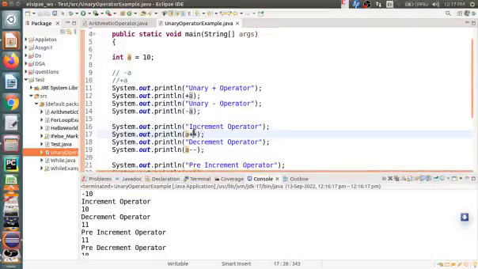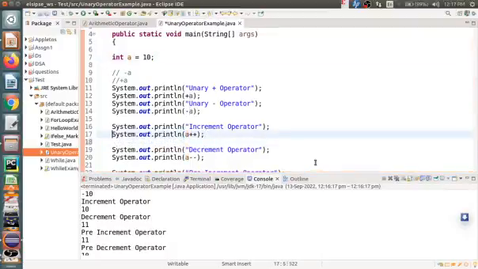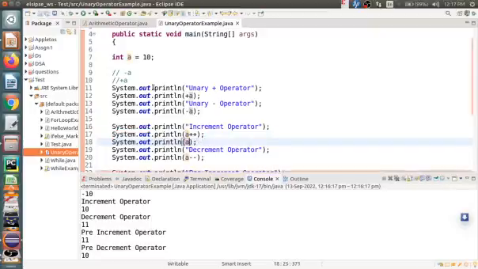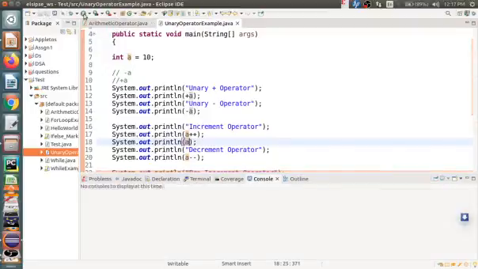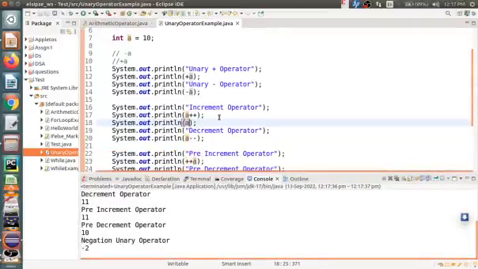Okay, so there is a case. Whenever you are using the expression a plus plus, the first value is 10, so here it is 10. Then if you print again, that will be 11.